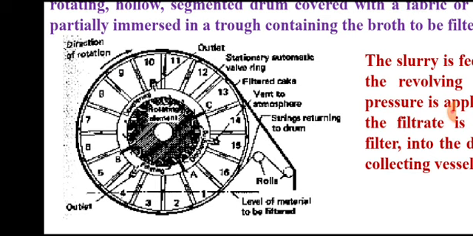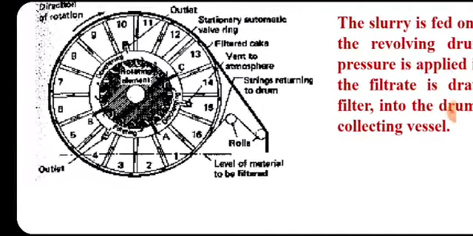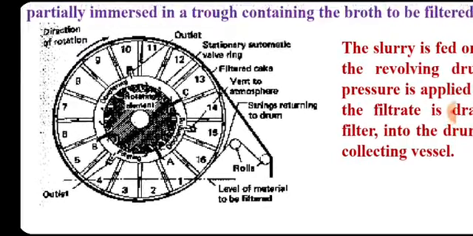You can see that this drum is assisted with strings. You can see the strings, rollers, and there is a string on these rollers, which is responsible for the discharge of filter cake.